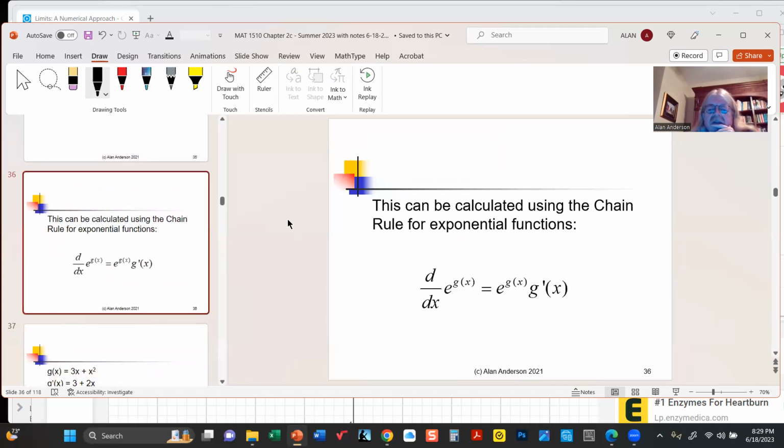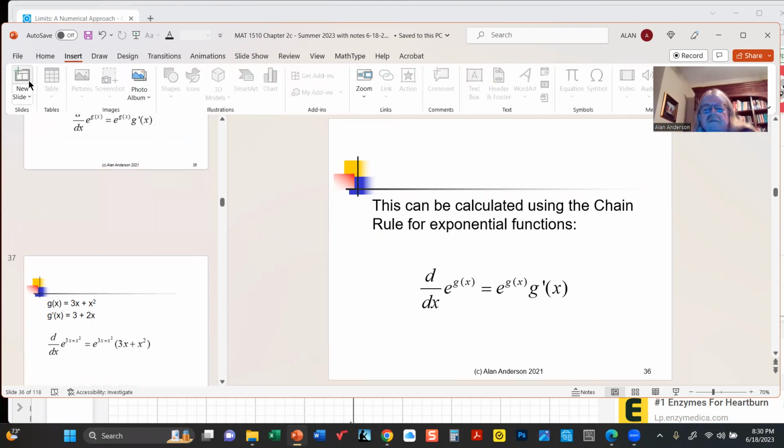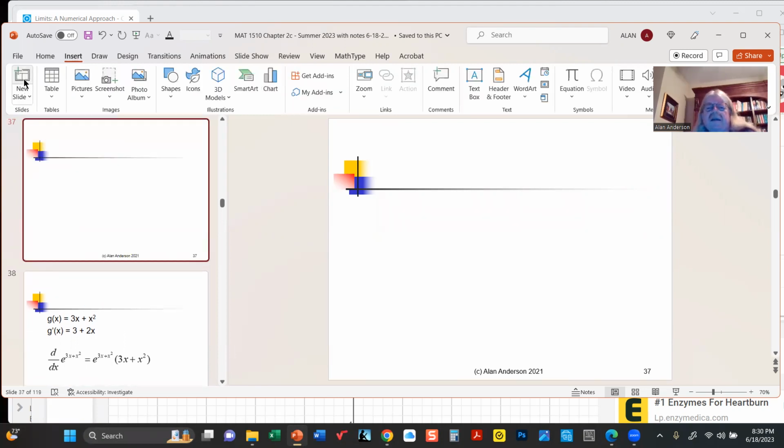Well, this is what ends up happening. You've got e to the g of x times g prime of x. And that's due to the chain rule. I suppose we could try to derive it. Let's just take a shot at that, just so you can see why this is happening.